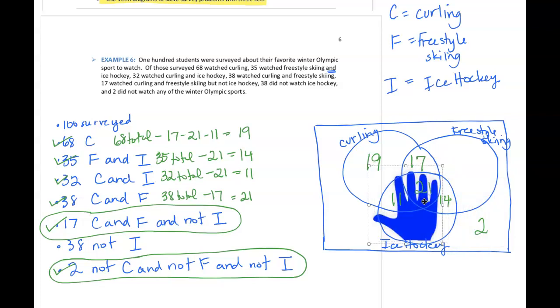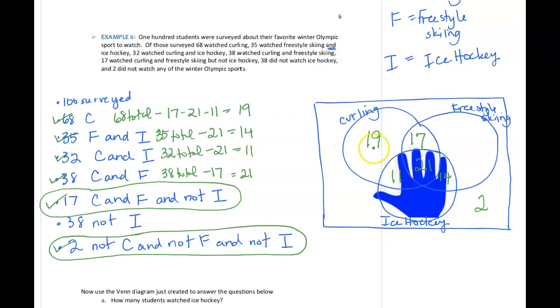So anything hidden, we're not going to add up, but all the other spaces, the 19, the 17, and the 2 are part of not liking ice hockey. We're going to take our 38 total and subtract the spaces we already know. We already know 19, we already know 17, and we already know 2 were counted. When I work on that subtraction, I end up with 0.